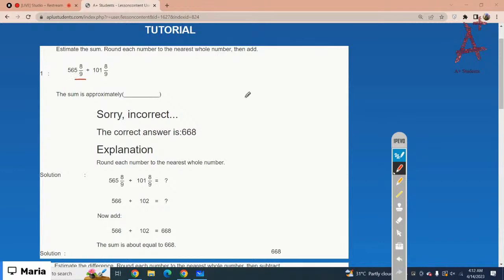So here you have 8 over 9. You need to compare that 8 over 9 to 1 over 2. So obviously 8 over 9 is greater than 1 over 2. So that means you have to round up. Round up means add 1 to the whole number. So 565 plus 1 is 566. Same is the case with the other one, 101 plus 8 over 9.